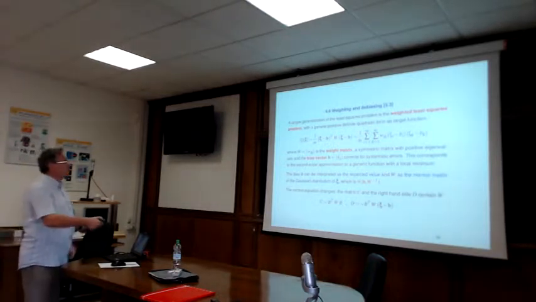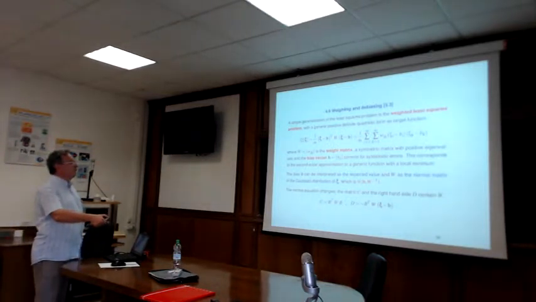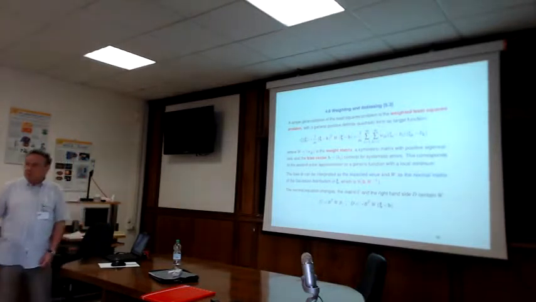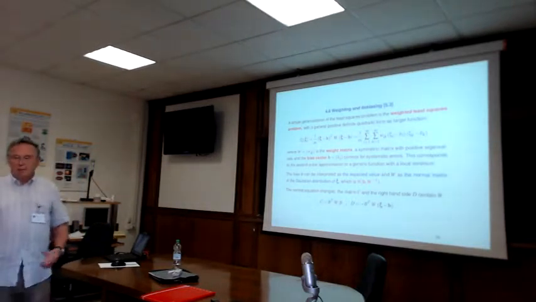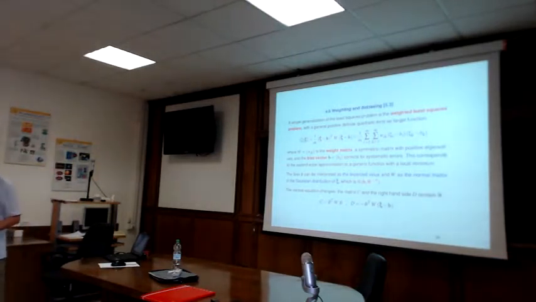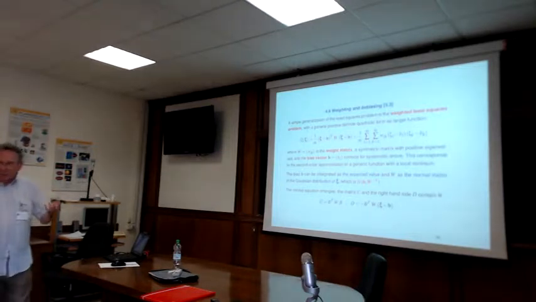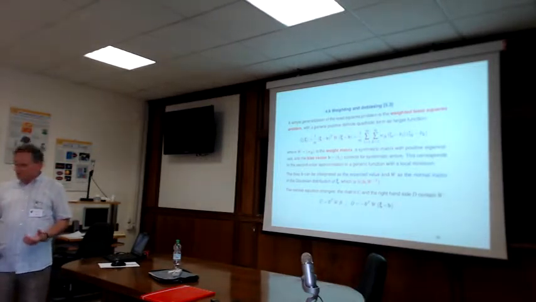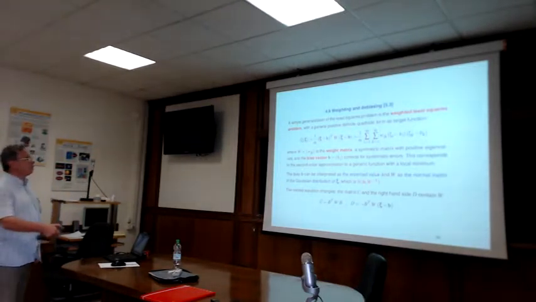So can we generalize to this? Can we use a target function which has this form? The good thing is that this is the most general quadratic form which has a positive definite quadratic part, the most general quadratic form which has a well-determined non-degenerate minimum. So we would like to use this formula.